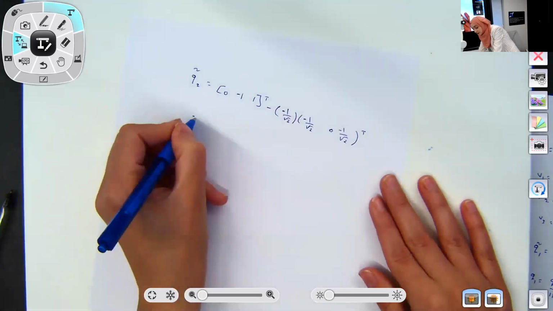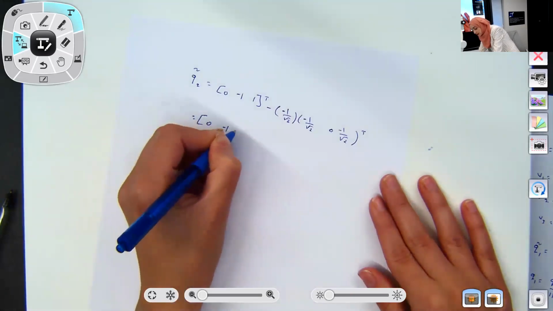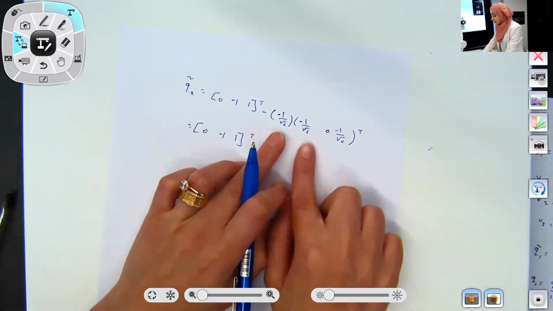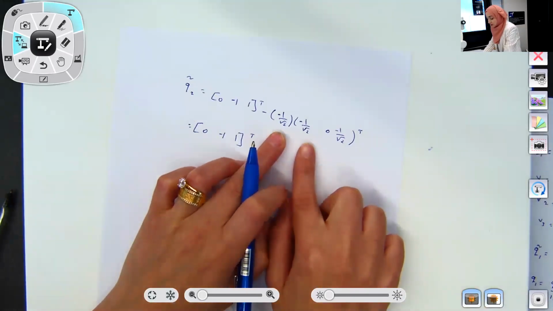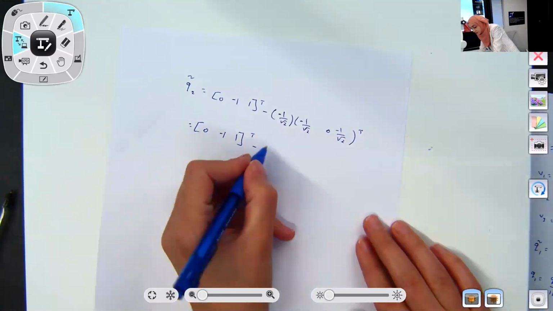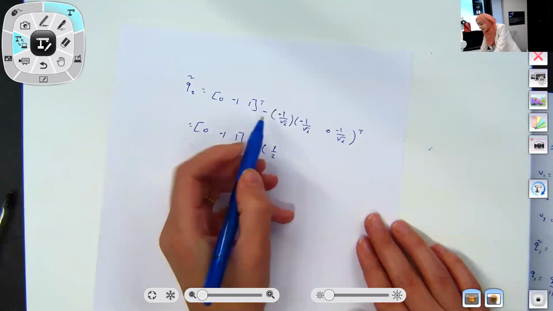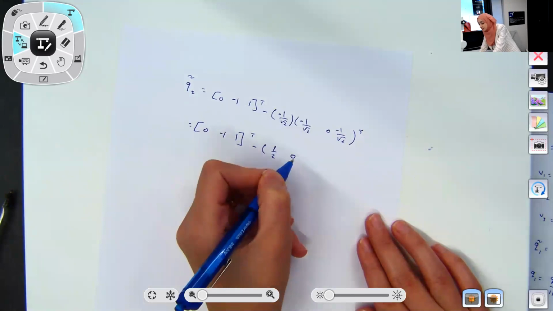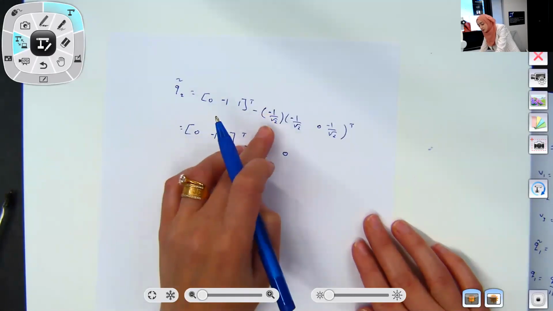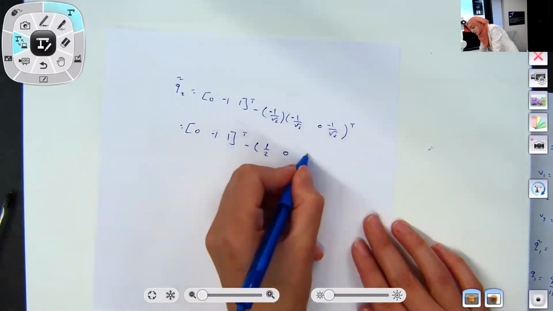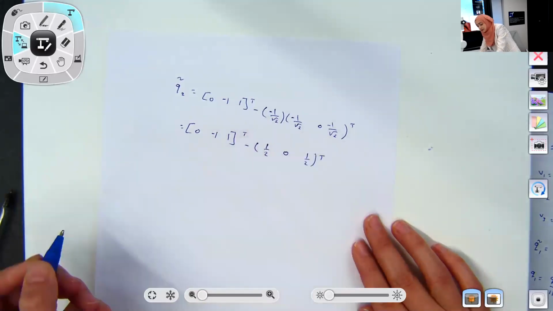This is equal to 0, minus 1, 1 transpose minus, let's try to multiply. Minus 1 over square root of 2 multiplied with minus 1 over square root of 2 is equal to 1 over 2. Minus 1 over square root of 2 multiplied with 0 is 0, and minus 1 over square root of 2 multiplied with minus 1 over square root of 2 is also a half, and this is transpose.